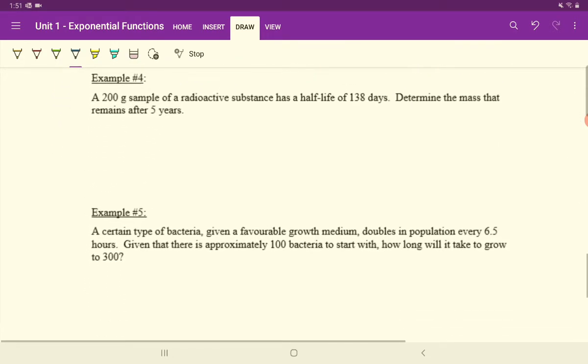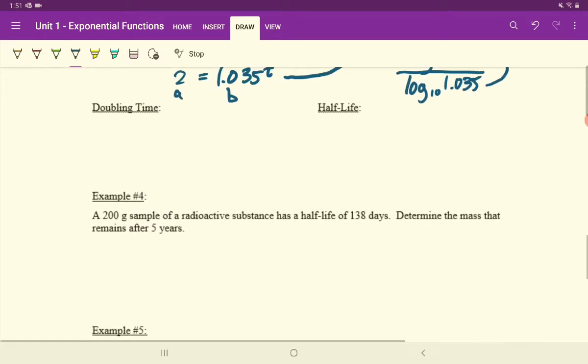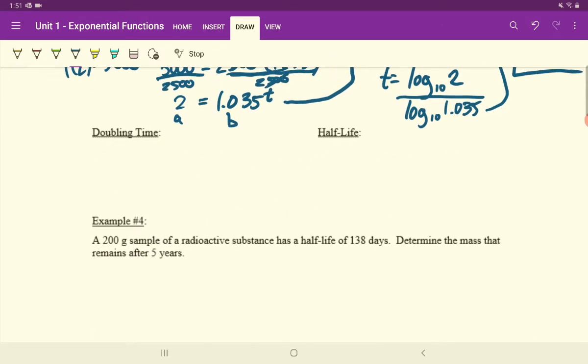All right, 2 more problems that I want to try, and I need to introduce to you a concept called doubling time and half-life. All right, so doubling time and half-life. And all that is, the equations are going to change slightly.